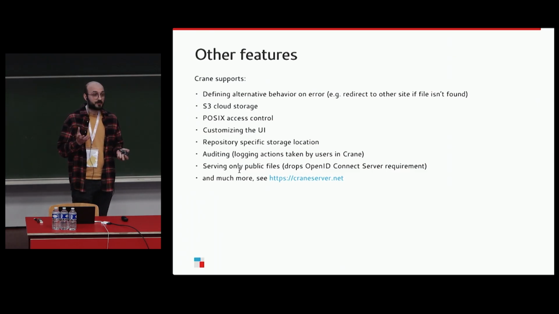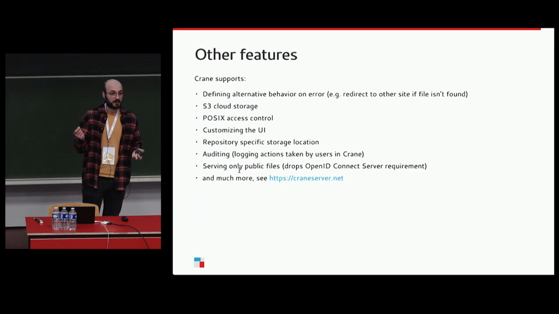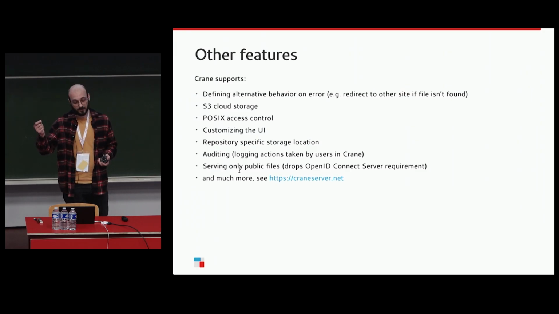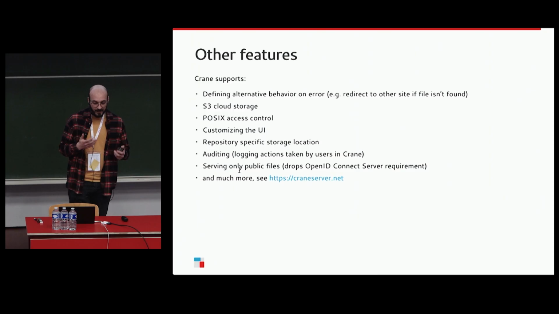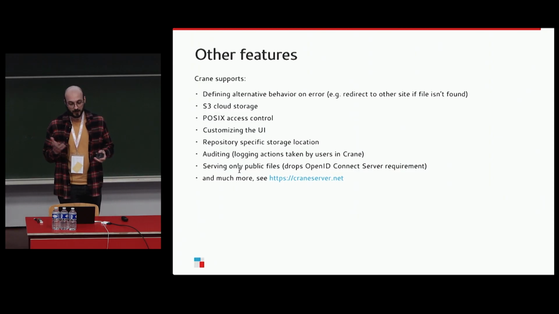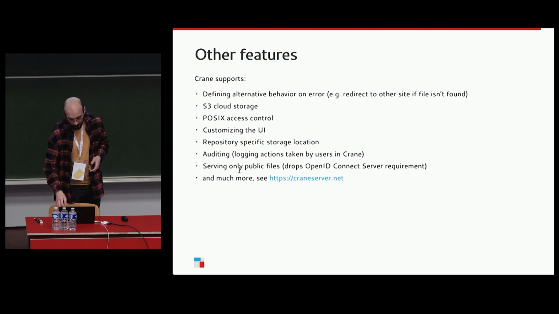And if a file is not found in Crane, for example, you want to install an internal package for your R, but the package is not in Crane, then you can configure it to actually search somewhere else. It's quite handy because then you can redirect to CRAN or to, in case of Python, PyPI, and so forth.